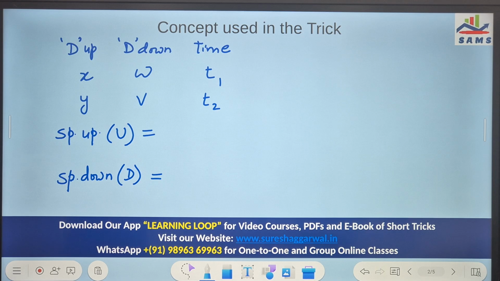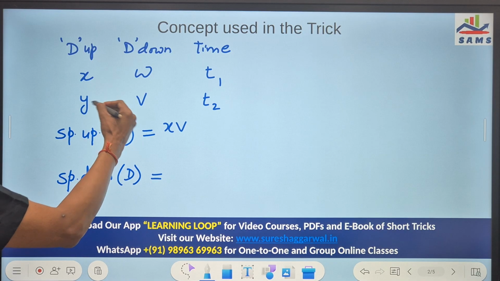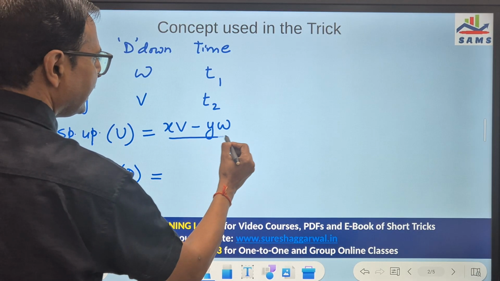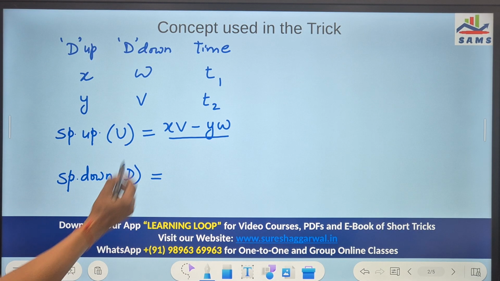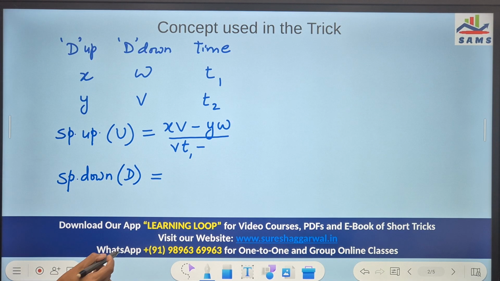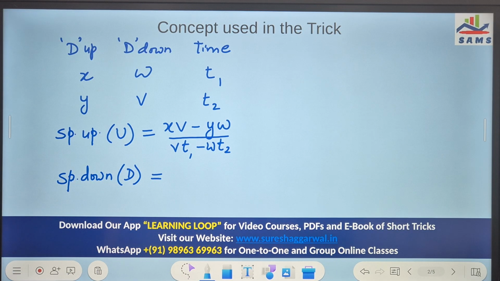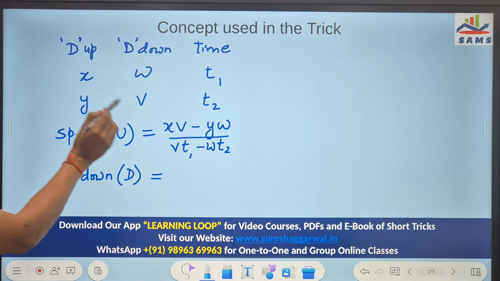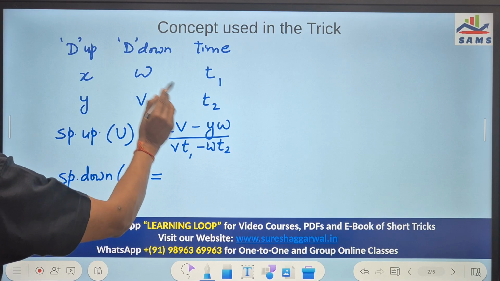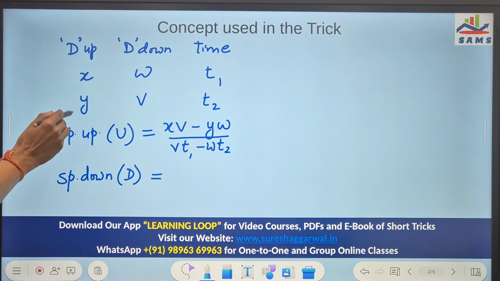For the first one, you need to cross multiply like this, xv, and then subtract the other cross product, minus yw, and in the denominator you need to go like this, vt1, and again subtract wt2. See how we are doing the cross multiplication: xv minus wy over vt1 minus wt2. This will give you the speed upstream, that is u.